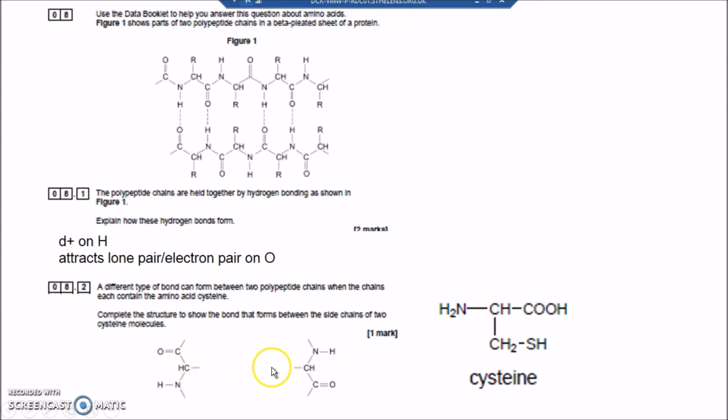It wants you to draw a bridge between these two polypeptide chains. So these are long protein chains, and you can get another bridge between the two. So the CH needs a CH2 and an SH and a CH2 here and an SH here, and the two SH's actually lose the H's and form an S to S, the sulfur to sulfur bridge.